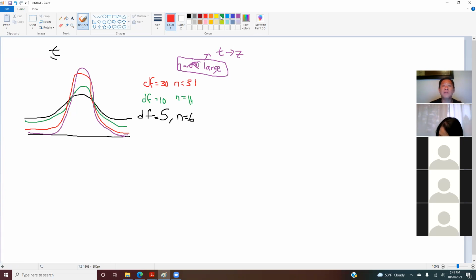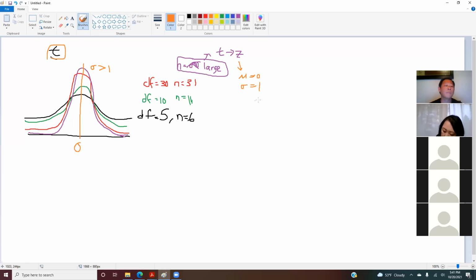Now, remember the mean. When you do the z, the mean in this case is still 0. Remember, in z the mean is 0 and the standard deviation is exactly 1.